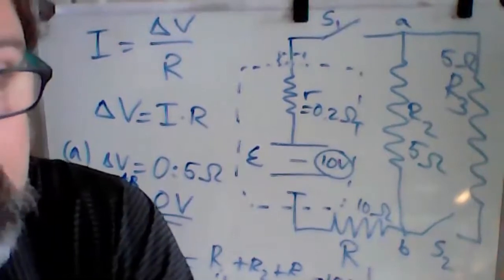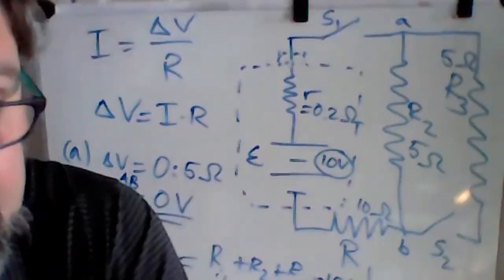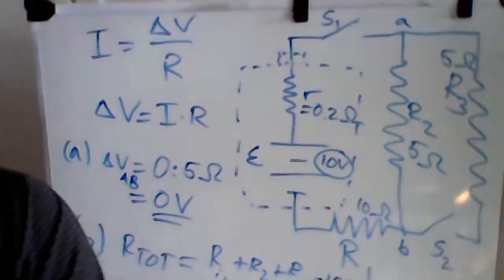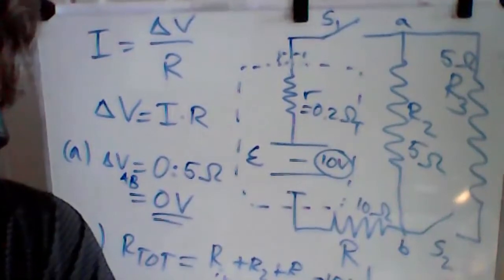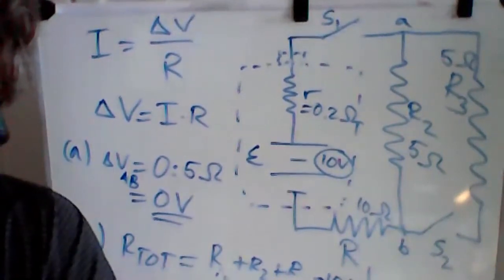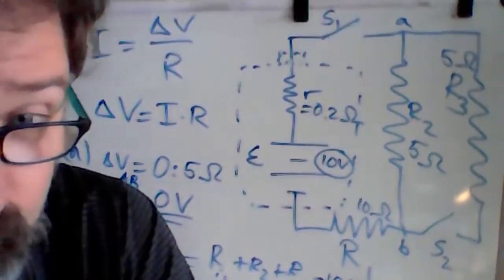Okay. Total current increases. Does all the current go through R2? No. Does half the current go through R2? Yes. Okay. Does all the current go through R1?